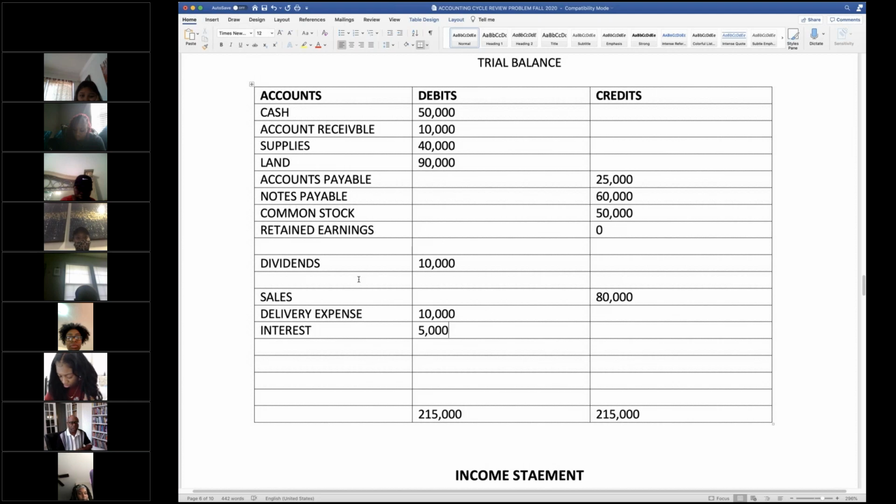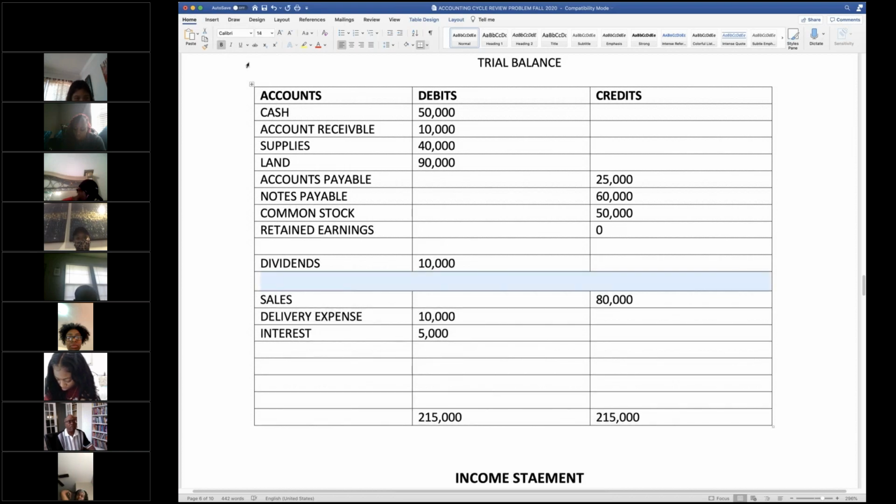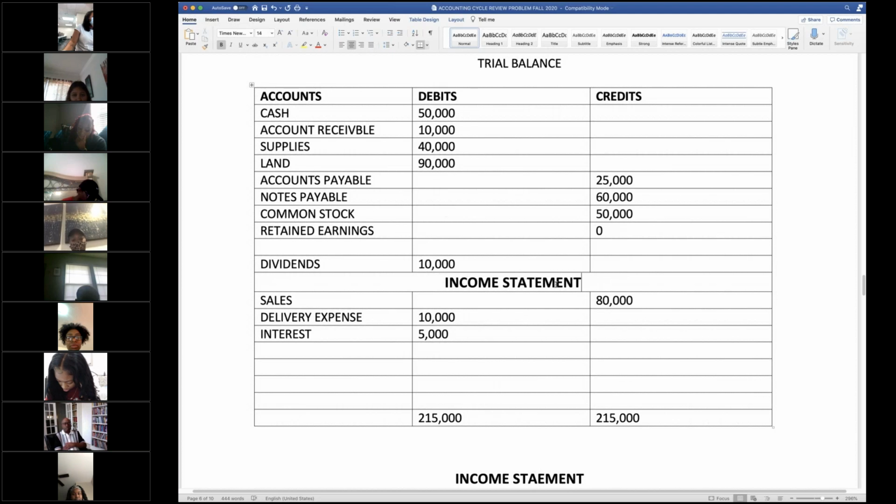So somebody said, where do we go from here? If we want to do an income statement, we simply look at everything below that line. Okay?